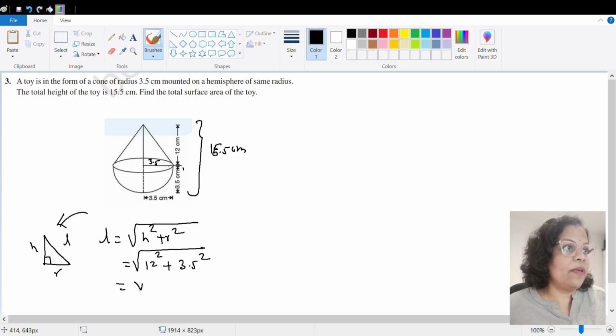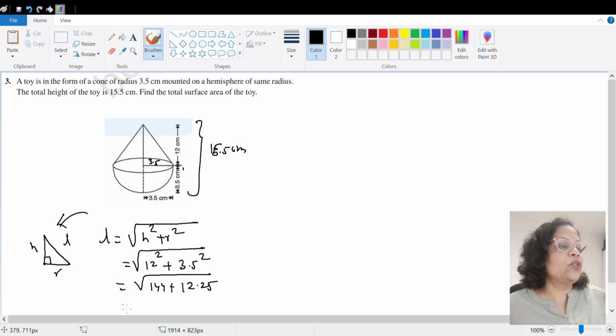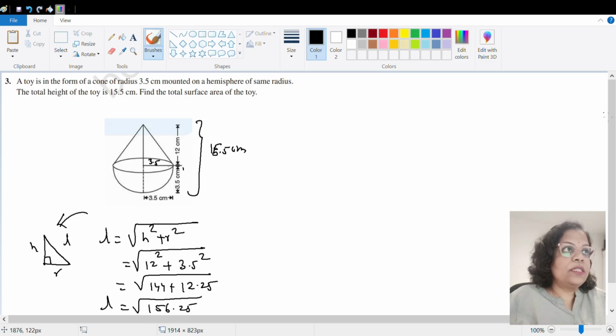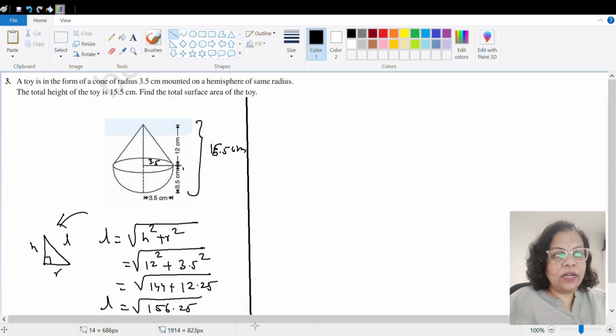So 12 square we all know is 144, and 3.5 square, that is 35 square, if you do it will come to 12.25, that is 12.25, right? So if you add this, your l will become under root 156.25. You can find the value of under root 156.25 by the long division method or some shortcuts that you all know.